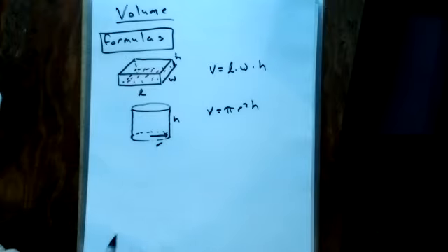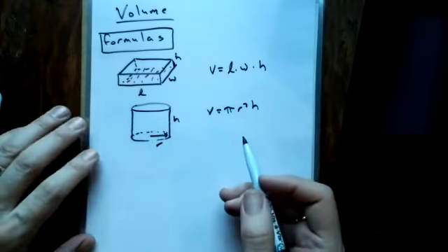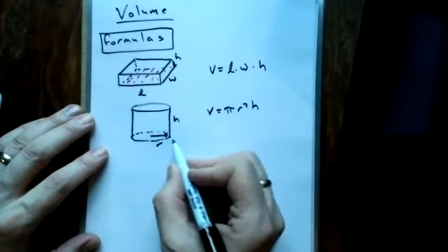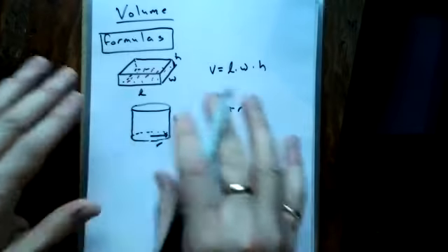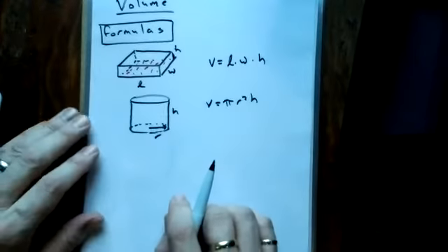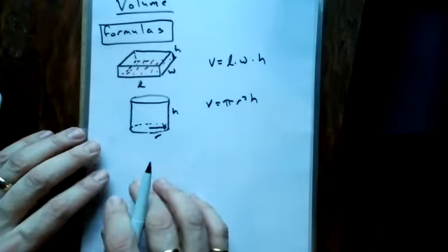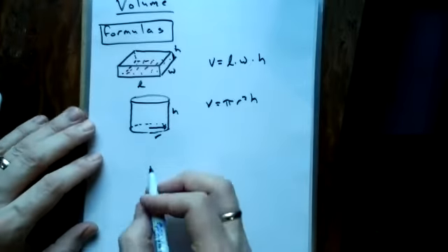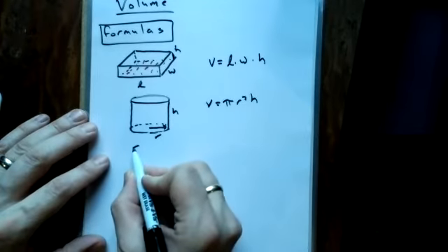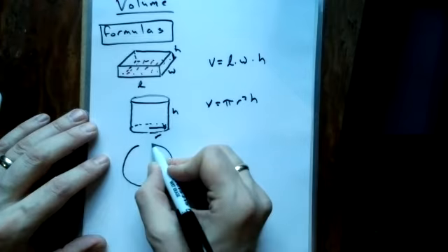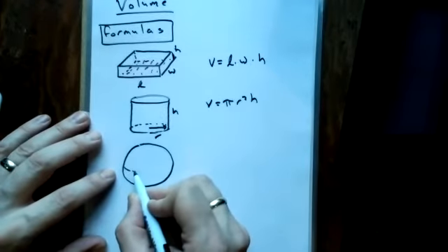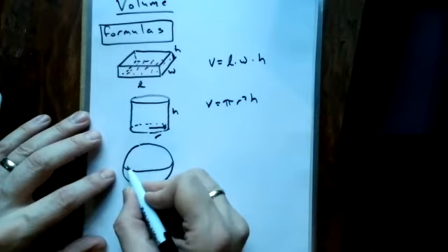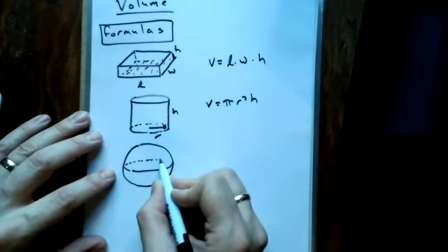Now we've got a couple other shapes though, and then we get into some of our variations or combinations with these. Two other shapes that we're going to go over are a sphere. So a sphere is just, well, I hope you guys know what a sphere is. It's just a ball shape.